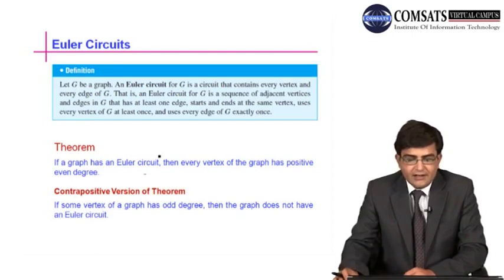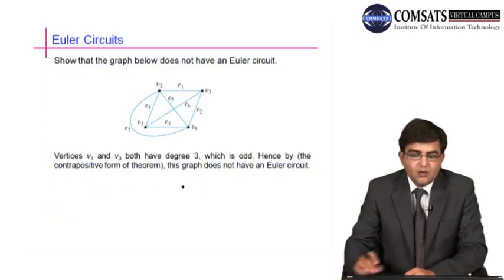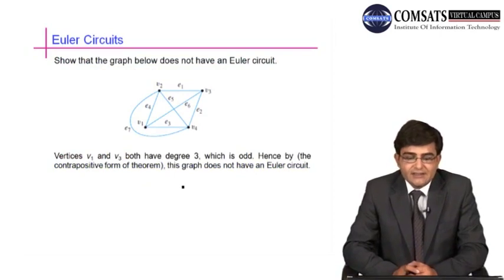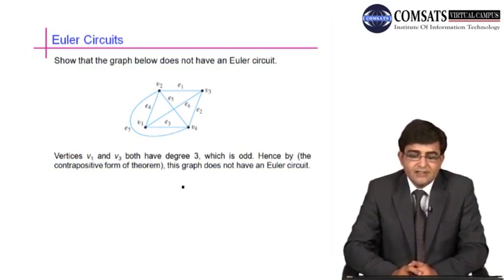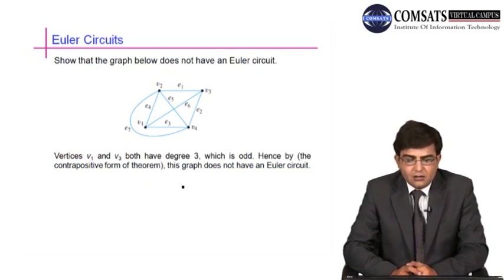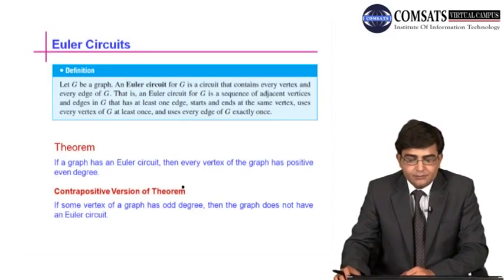Now we consider an example to check whether there is an Euler circuit in the graph given here or not. In this example, we have to show that the graph below doesn't have an Euler circuit, and we investigate by this theorem, or the contrapositive version of this theorem.